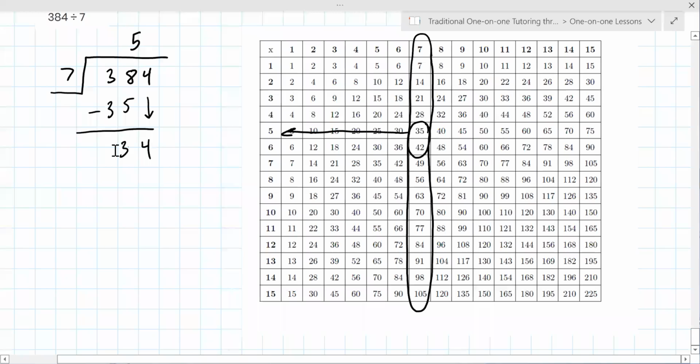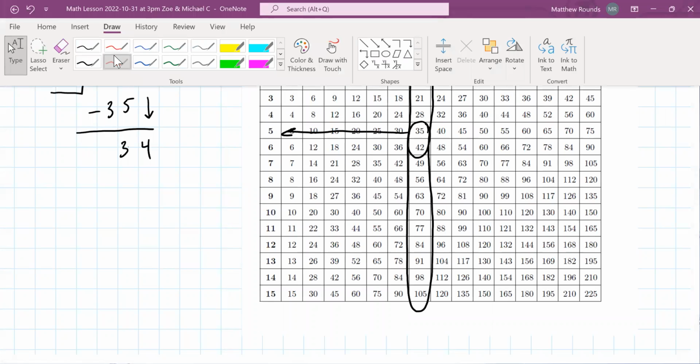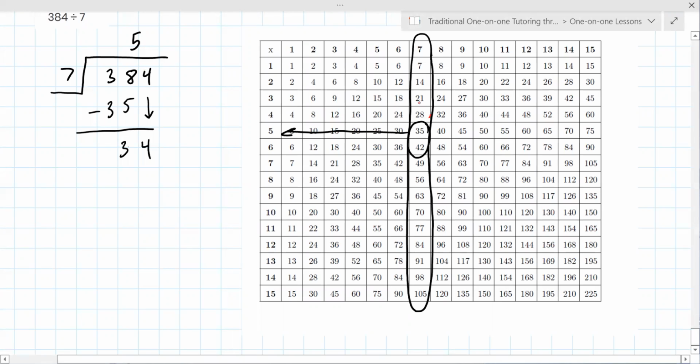So you now have to find 34 in this column. What two numbers is 34 between? 4. So you choose 4. 4 times 7 is 28. And when you subtract, you get a remainder of 6.